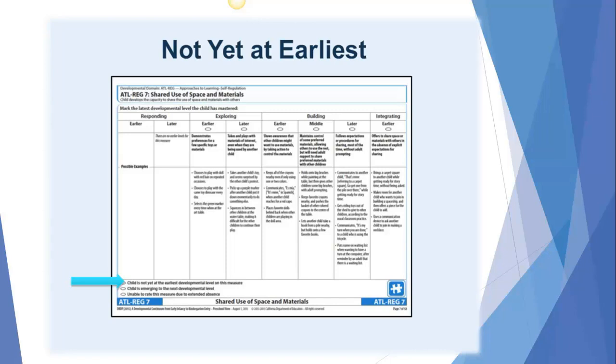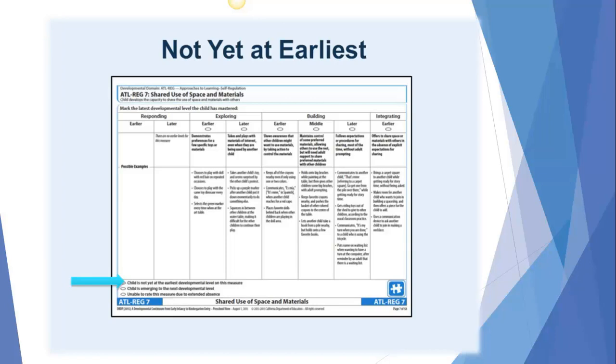If a teacher just leaves that blank, then they are indicating nothing. I didn't see it, or I skipped a page, or I just didn't feel like observing. But if a teacher is able to intentionally mark that bubble right there, then it lets whoever's doing the assessments, probably the teacher, know I haven't yet seen the child display or master this behavior. Okay? So it gives you the option to acknowledge for these later developing behaviors that it's not yet there.